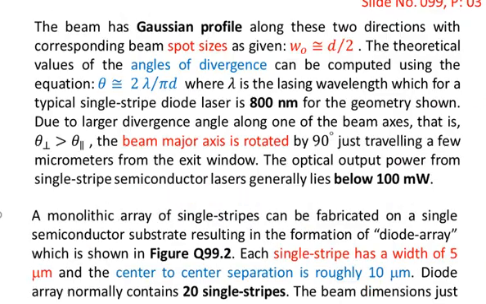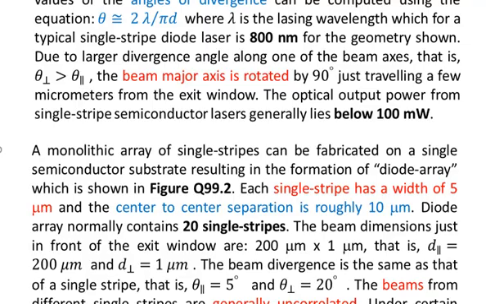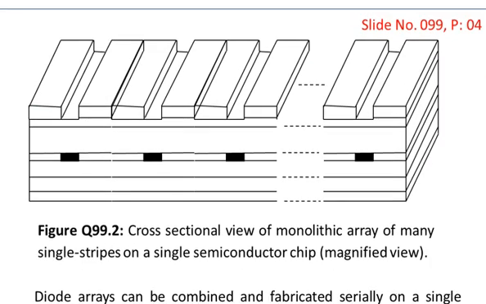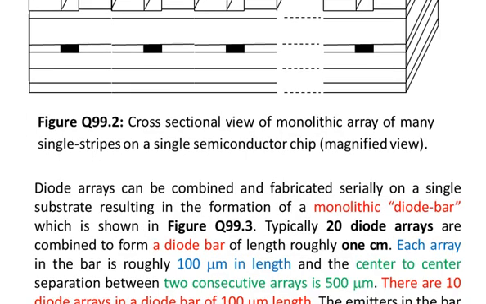And since here we are combining nearly 20 such, we have 2000 milliwatt, or roughly 2 watt. So from this geometry, which is an array of 20 single strip semiconductor chips joined together, we can obtain a power of up to 2 watt.